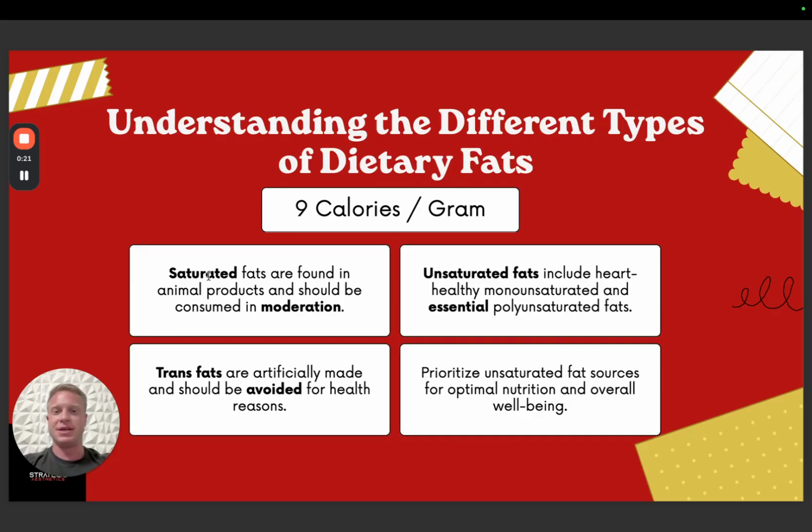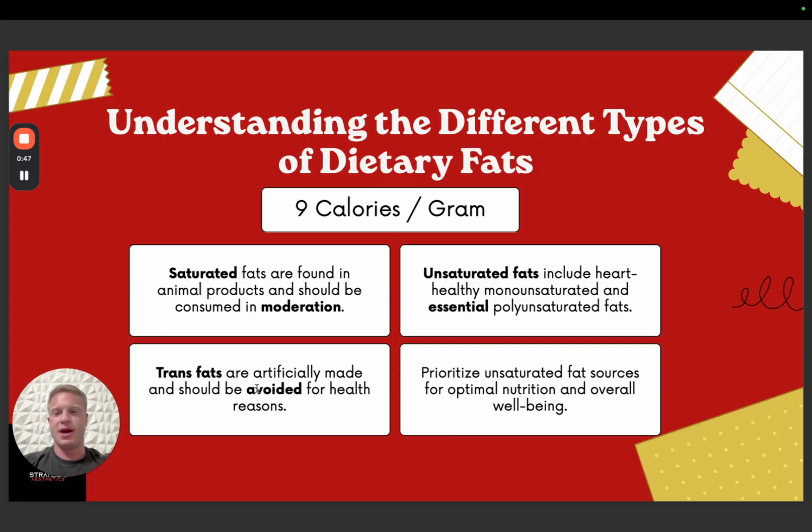Okay, so there's going to be saturated, unsaturated, and trans fats. And what we want to lean towards is going to be unsaturated fats most of the time. Unsaturated fats are going to be basically liquid at room temperature. Saturated fats are going to be in meats and in cheeses and stuff. This is okay. We want this in moderation.